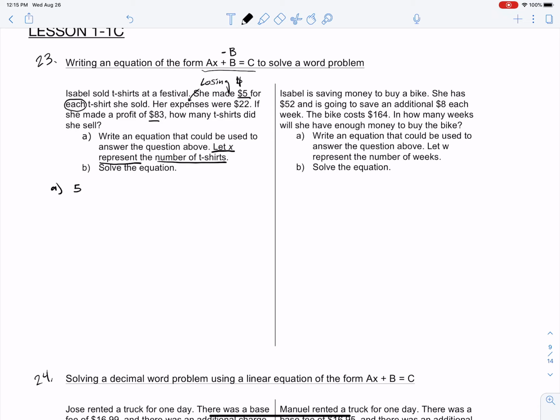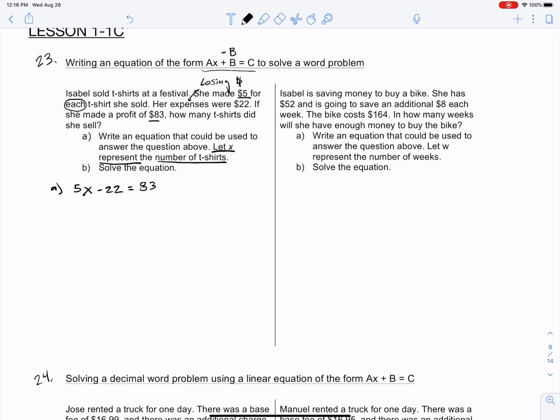So $5 for each, multiplication, t-shirt: 5x. Remember, that's 5 times x, same exact thing. Her expenses were $22, in total. So 5x minus 22 equals, she made a profit of $83.